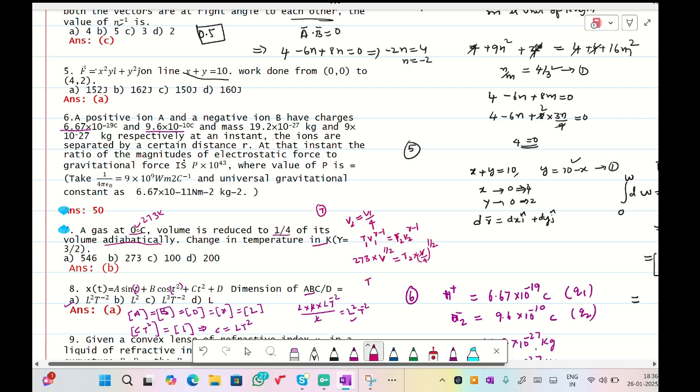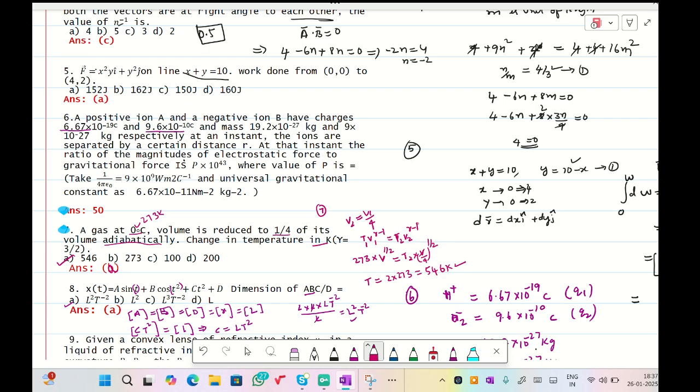T2 is equal to 1 by root 4, which is 2 into 273. 2 into 273 is 546 Kelvin, not 273 Kelvin. This answer is A, not B.